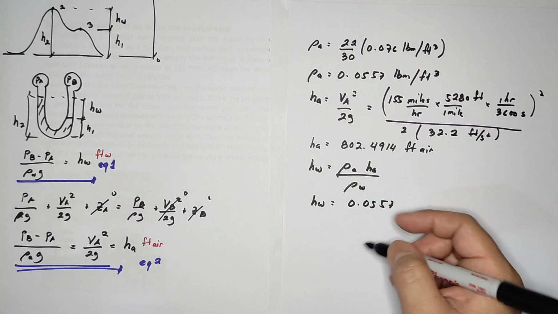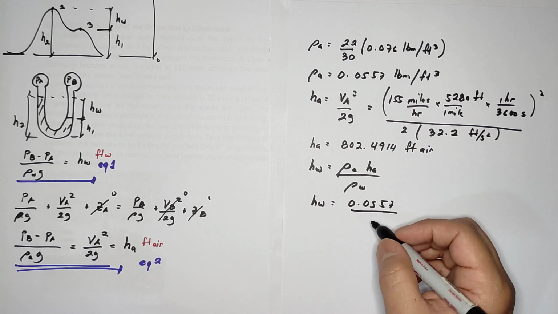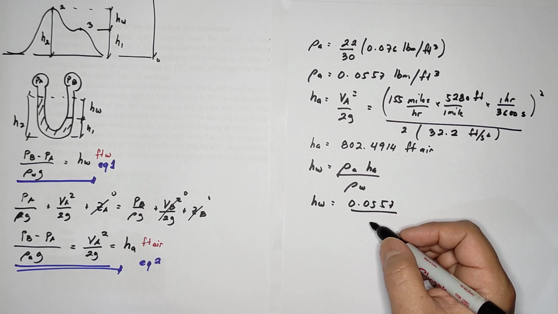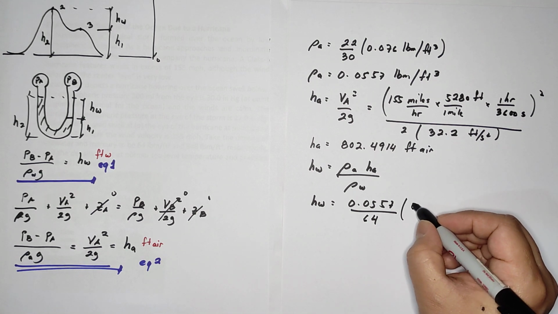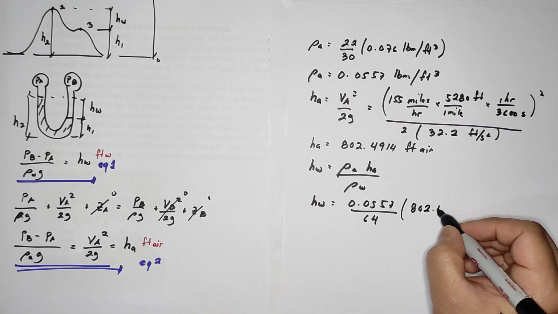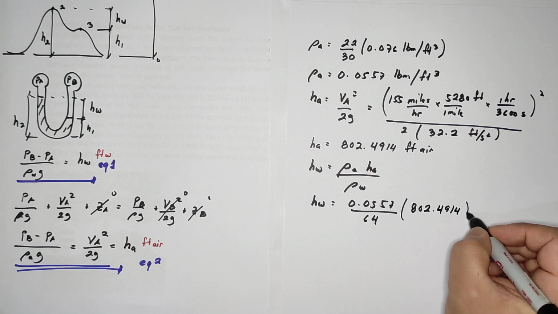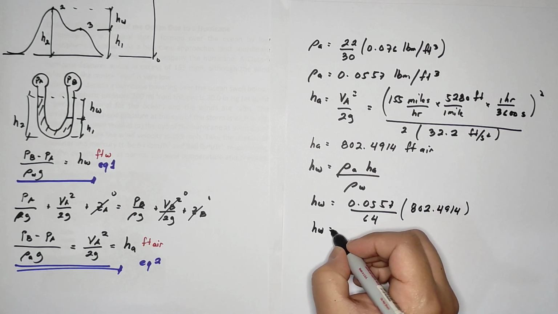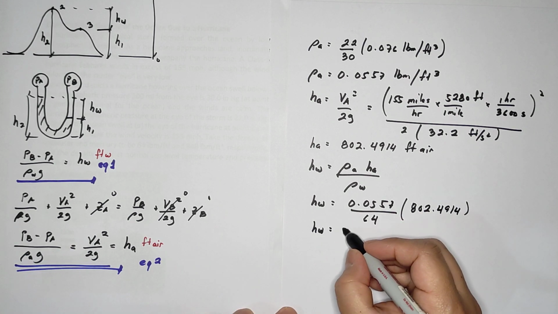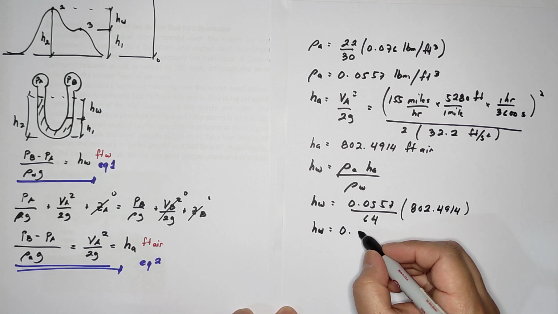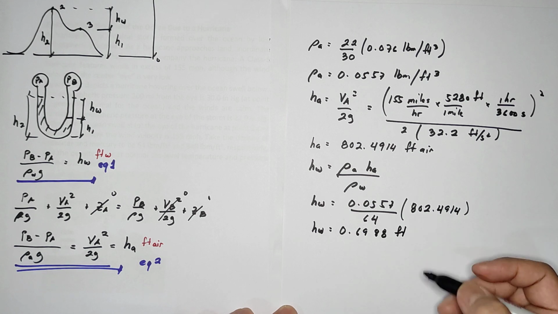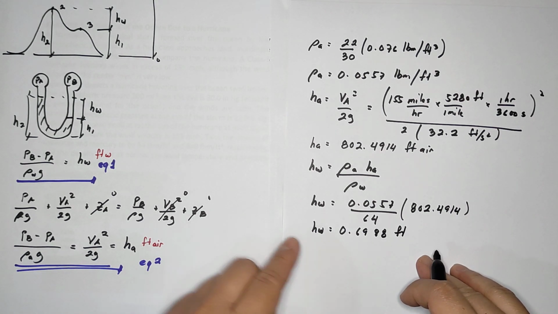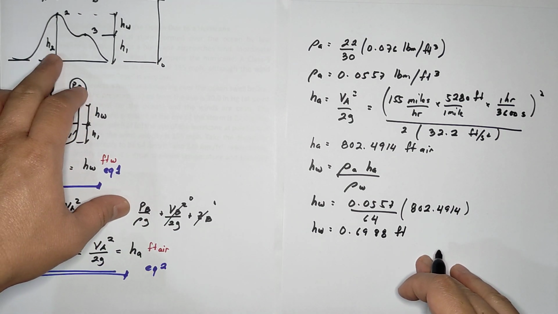They will cancel out, so no need to include the units anymore. This would now be in water. That is 0.6988 feet. But again, that is not yet the answer because we are solving for H2.